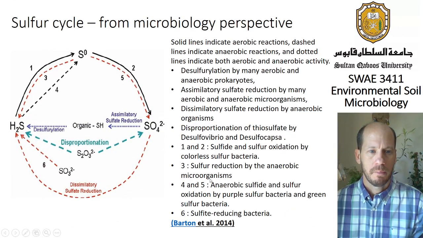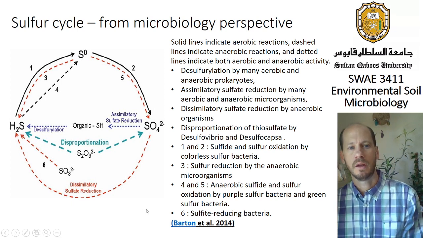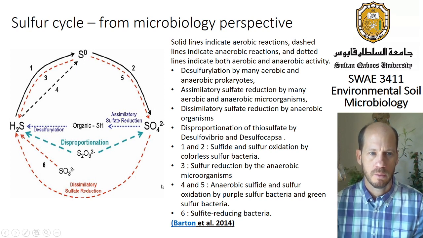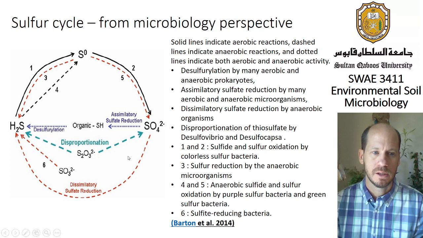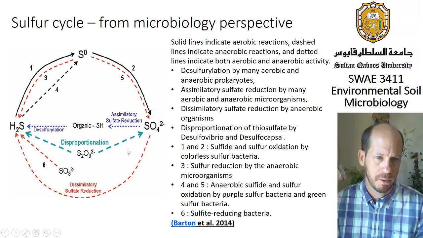So when we look from the microbiology perspective, in the same way we talked about the nitrogen cycle and the carbon cycle, we can look at the processes that are aerobic, anaerobic, or can be both aerobic and anaerobic. So in this figure here on the left, the solid lines are aerobic reactions. The dashed lines are anaerobic reactions, and the dotted lines can be aerobic or anaerobic.